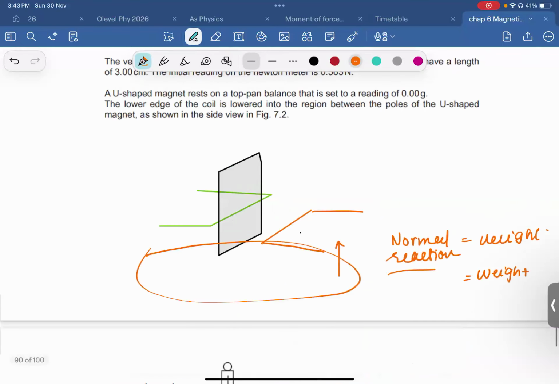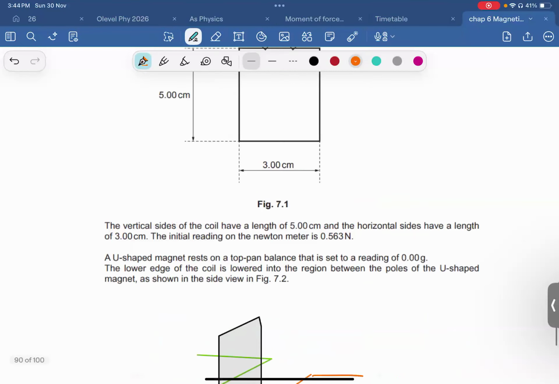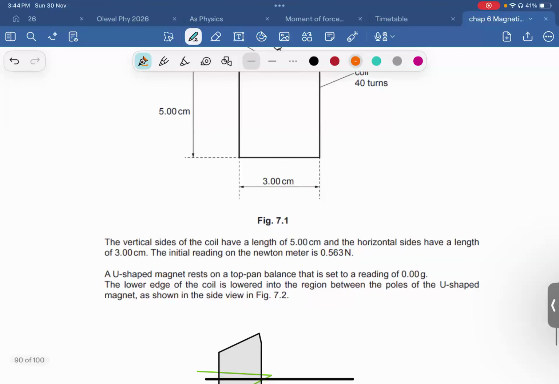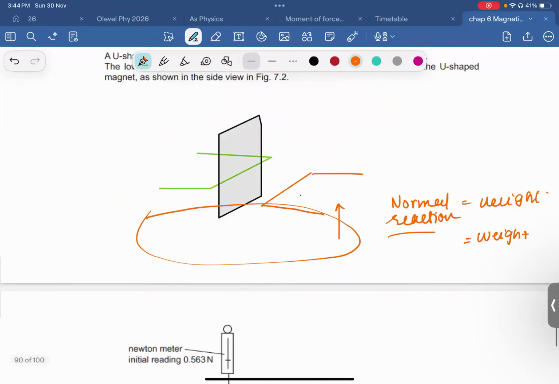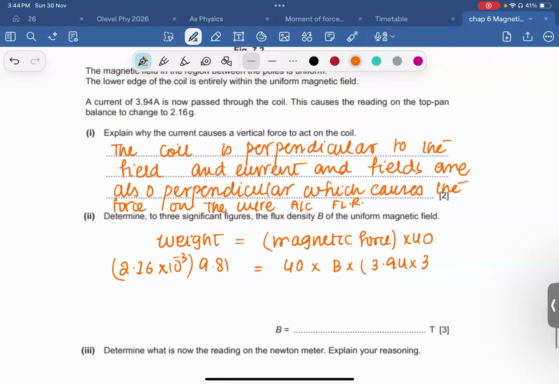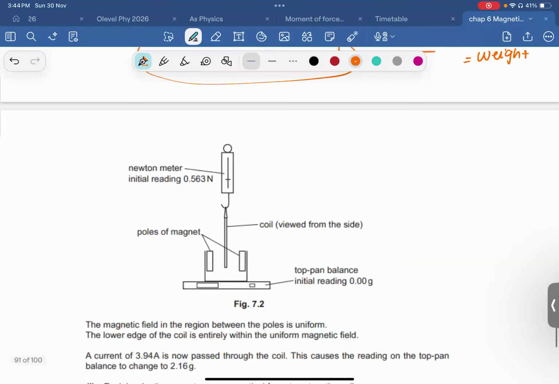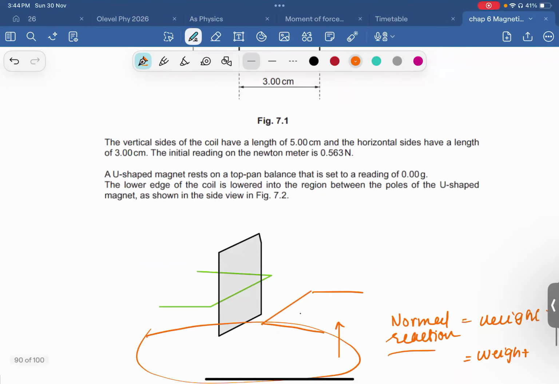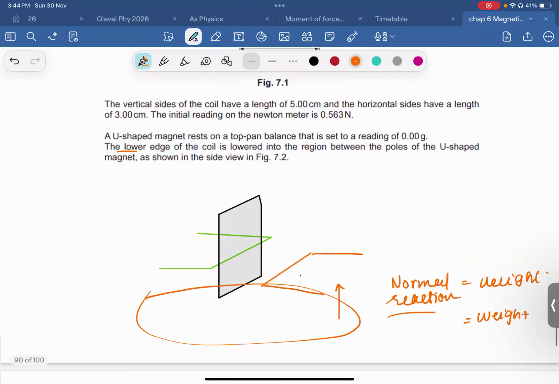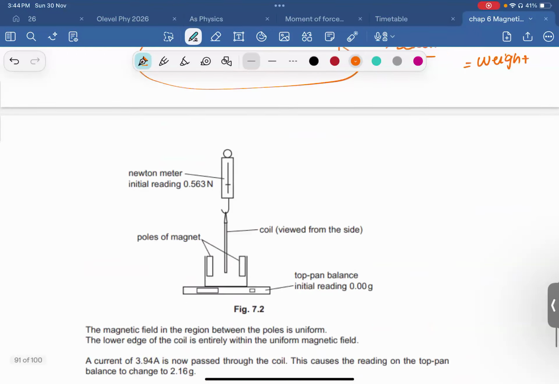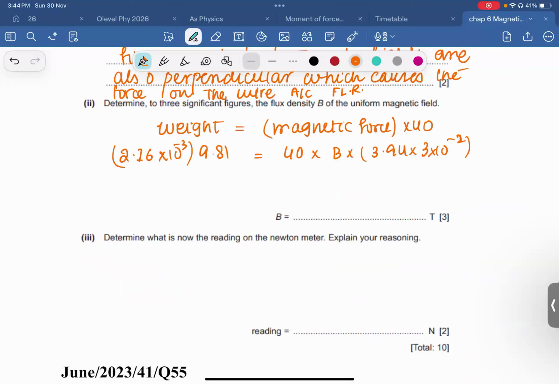Where is L? Again, 3 centimeter, 3 exponent -2, because they're saying the lower part is completely in the magnetic field, the lower edge of the U-shaped coil. So if we calculate, it would be 2.16 exponent -3 into 9.81 divided by 40 into 3.94 into 3 exponent -2.